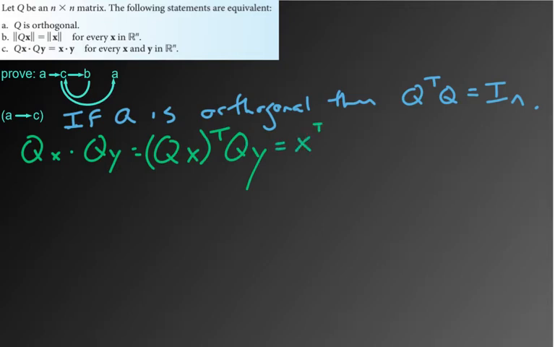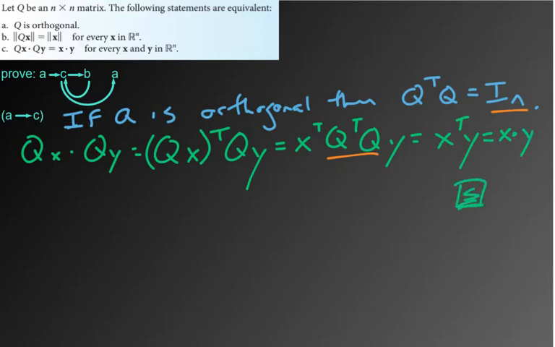Then I'm going to use the socks and shoes property of transpose. So just simplifying, I would have this, right? And this is where I'm going to use this result. Just by the above line, I can simplify this to X transpose Y, which we know is X dotted with Y. And that does it. So it's very much a symbolic computation proof.